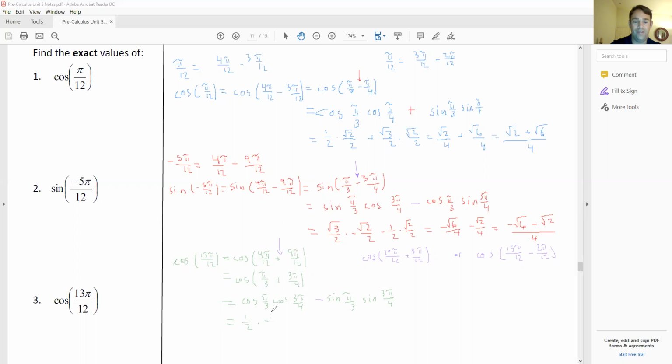We have a negative root 2 over 2 minus root 3 over 2 and root 2 over 2. So negative root 2 over 4 minus root 6 over 4. And that is negative root 2 minus root 6 all over 4.